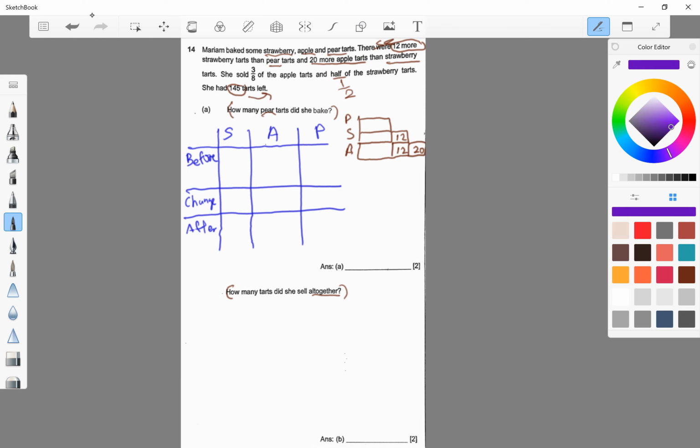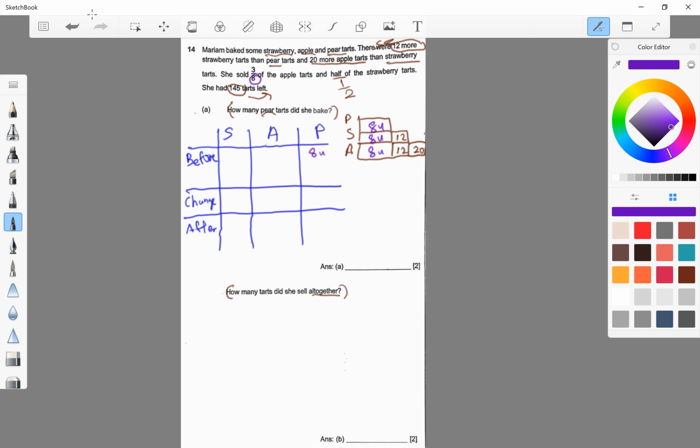The 3 out of 8 of the apple tart. So denominator 8 will give us the inspiration that the number that goes into the box for the apple must be 8 units. So since we are doing it in this manner, it means that every one will be 8 units. Starting from the pear, 8 units.